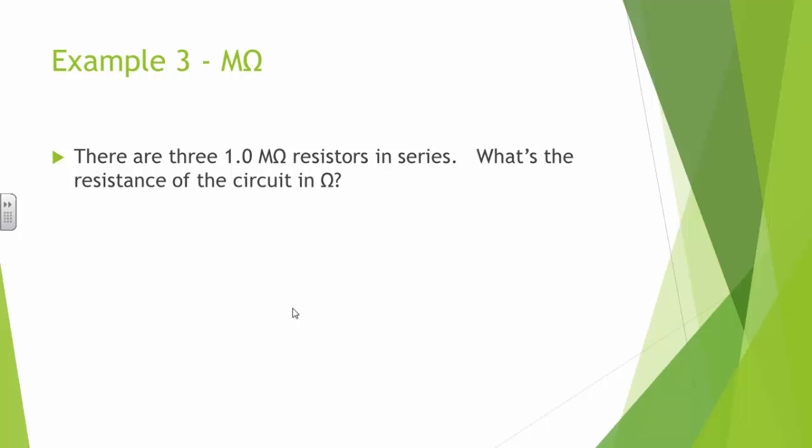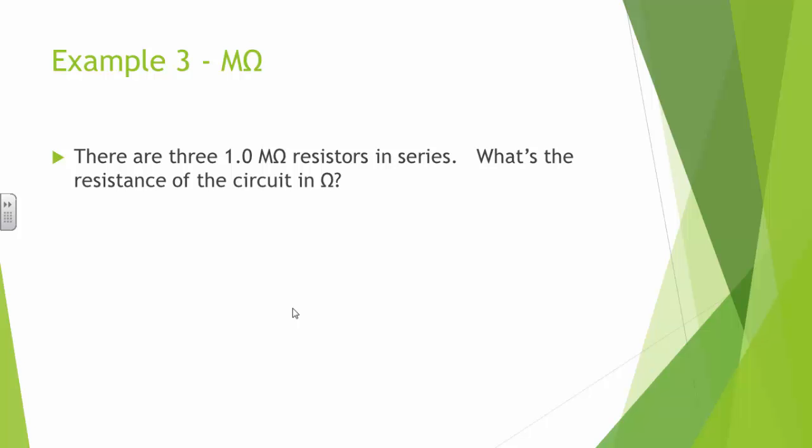Three 1.0 mega ohm resistors in series. What's the resistance of the circuit in ohms? Usually we don't want to do this conversion, to avoid getting very large numbers, but for some reason we want this in ohms today, so we will do that.